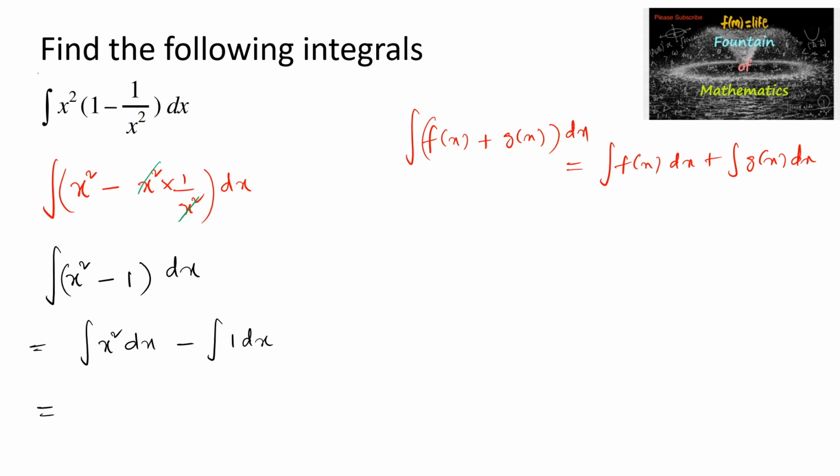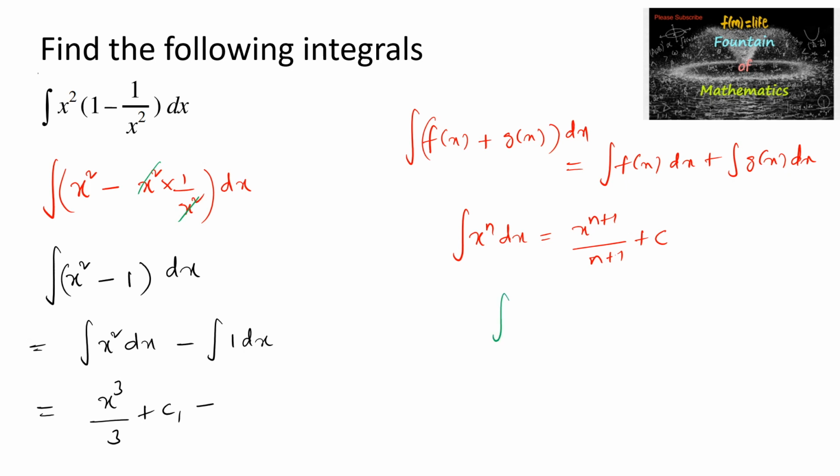By using the formula again, integration of x power n dx is equal to x power n plus 1 upon n plus 1 plus some constant. So we can write here x to the power of 2 plus 1, that is 3, divided by 3 plus some constant c1 minus integration of 1 dx.